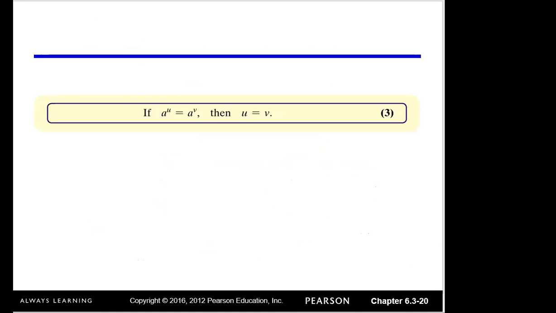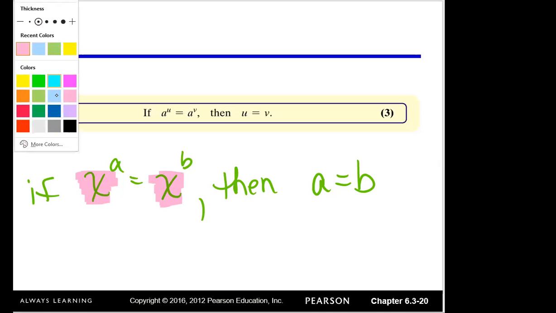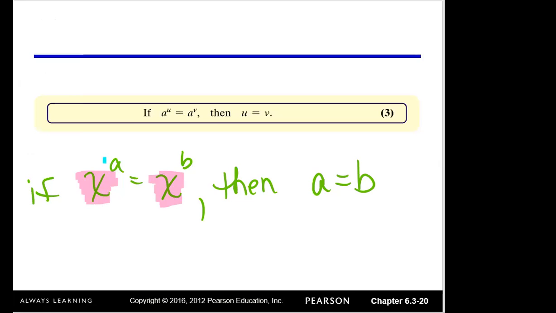I would always say if x to the a equals x to the b, then a equals b. I would always tell people, if your bases are the same, then that means your exponents are the same.